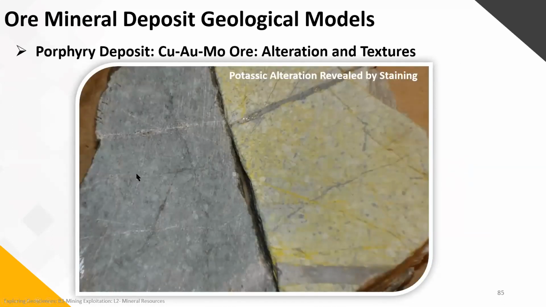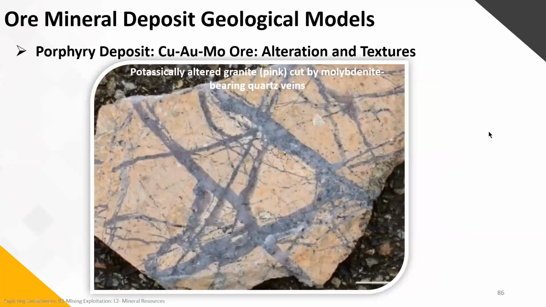Potassic is not always seen with the eye, so we use a process called staining, and once we apply that on the rock, wherever we see the color coming out, we know that it is a potassic alteration. So here we see the potassic alteration within a granite, which is the pinkish area, cut by quartz veins that contain molybdenite.